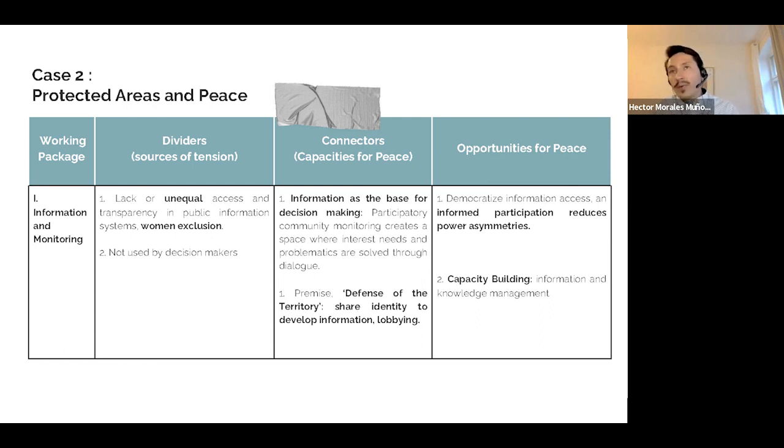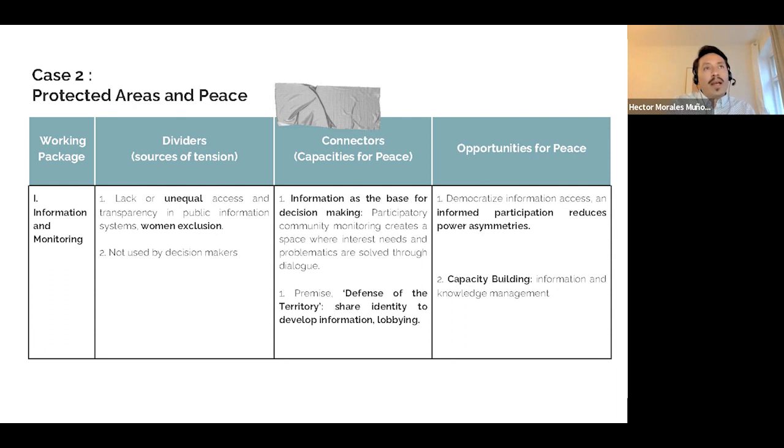And the opportunities for peace to increase these connectors are to democratize this information access, since having access to this kind of information helps reduce the power asymmetries in decision-making scenarios, and also to create capacity building to manage the information and to have a more precise participation in decision-making.